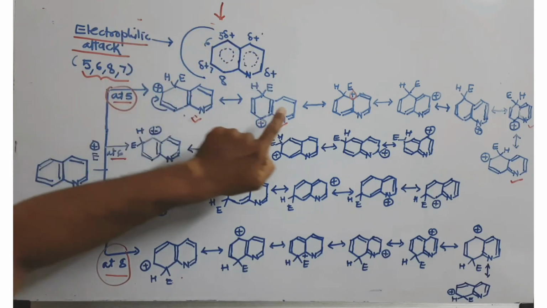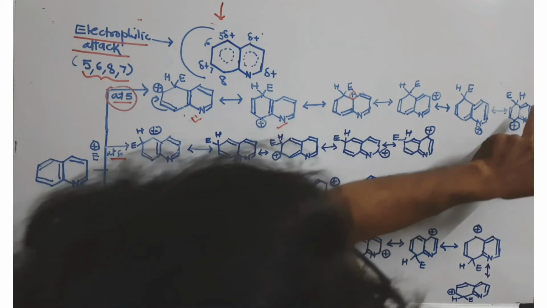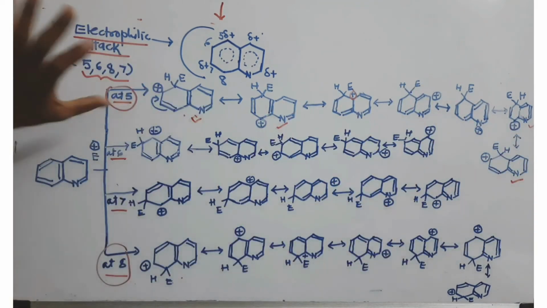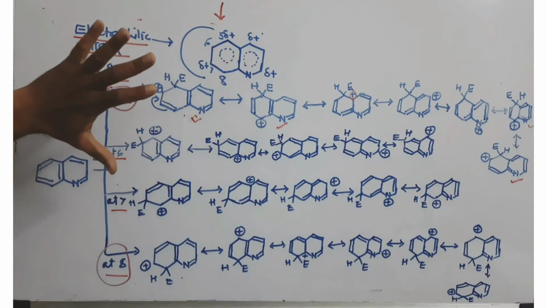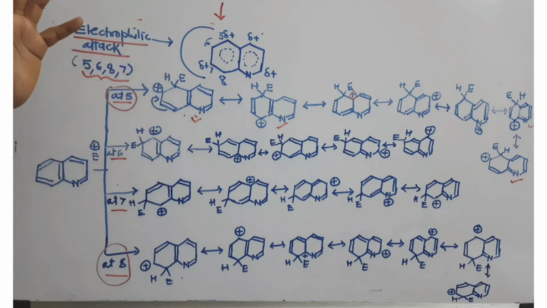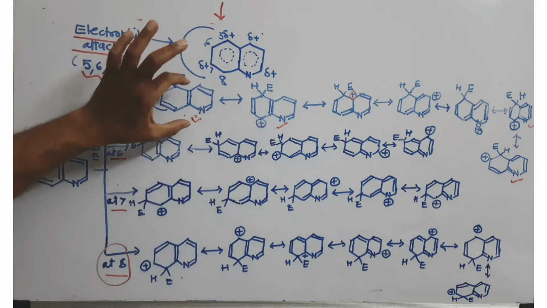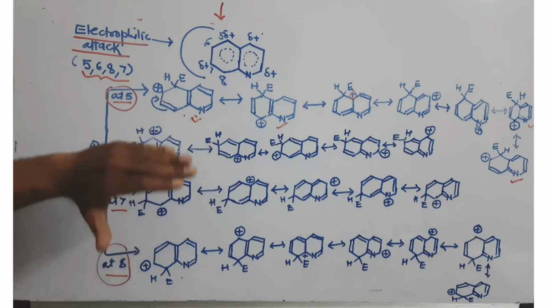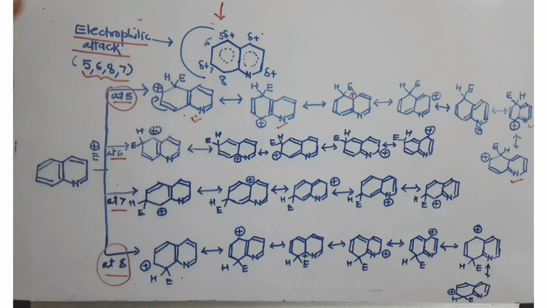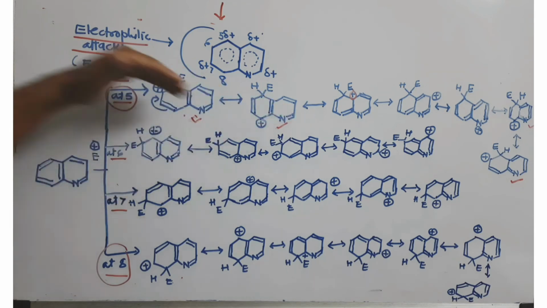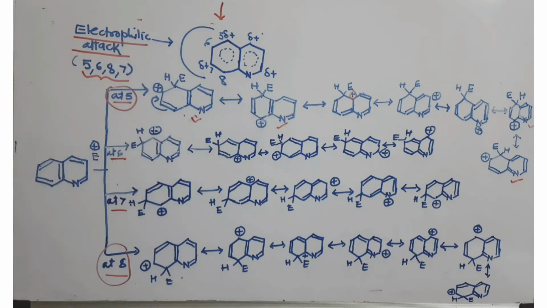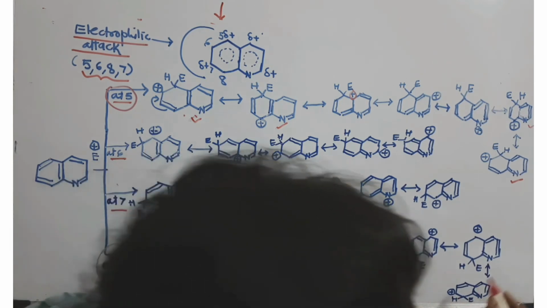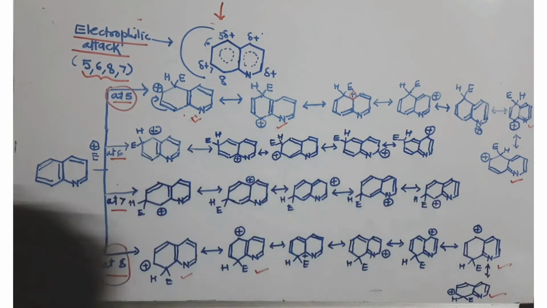That means the aromaticity of pyridine is not disturbed here, here and here. So out of 7, 4 structures have an aromatic center, and that actually increases the stability of this reactive intermediate.